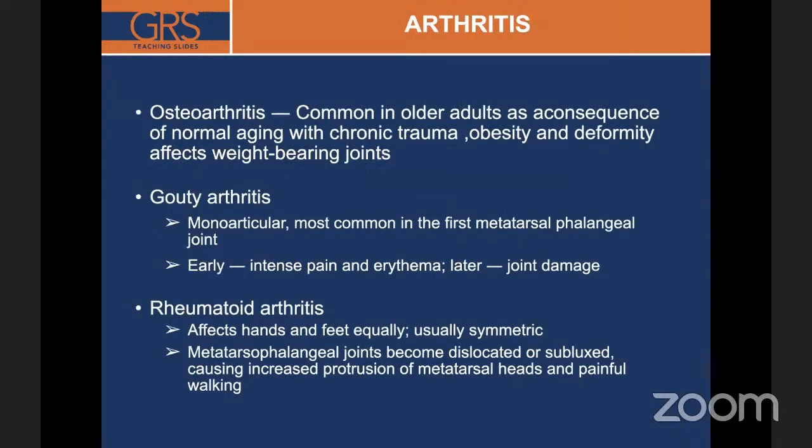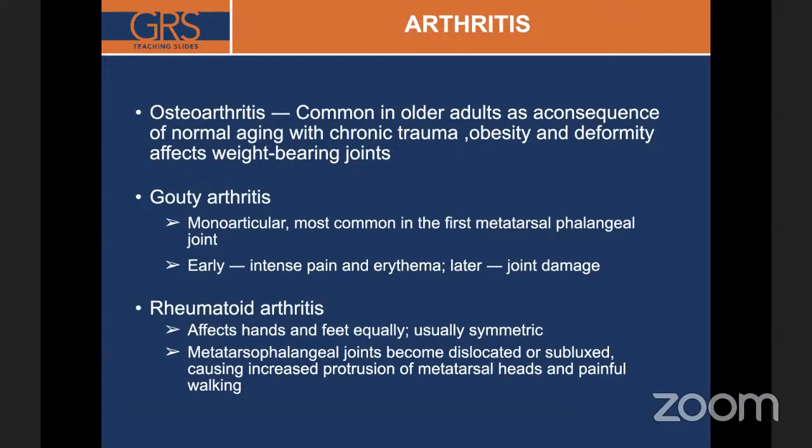Okay, and the last part of systemic disease is arthritis. Osteoarthritis is common in older adults as a consequence of normal aging with chronic trauma, causing pain and deformity affecting weight-bearing joints. Also gouty arthritis, which is monoarticular, mainly in the first metatarsophalangeal joint.